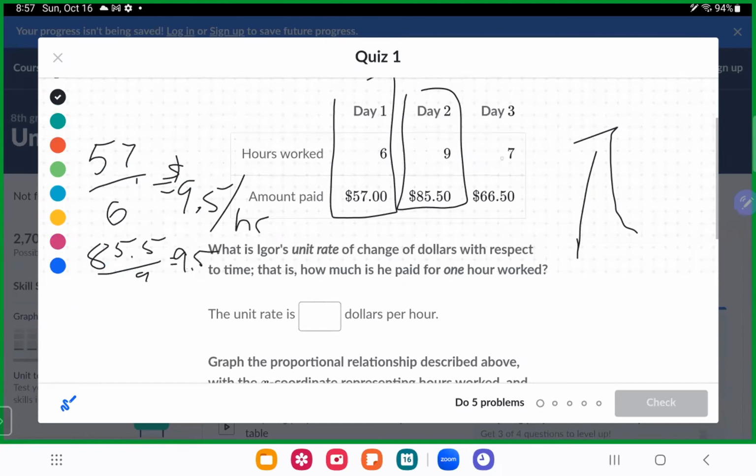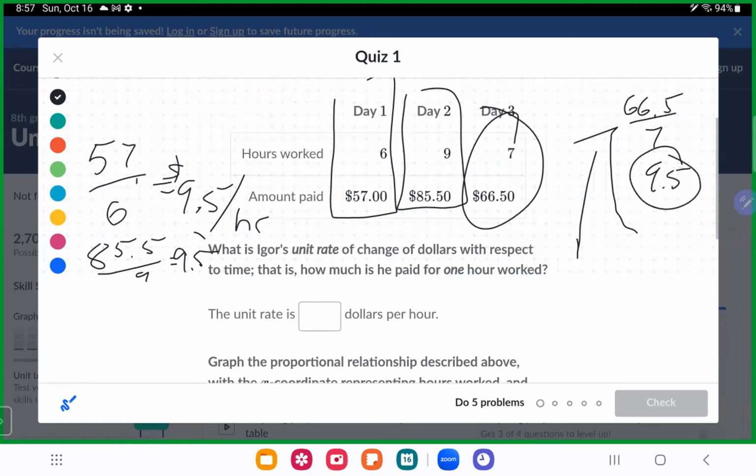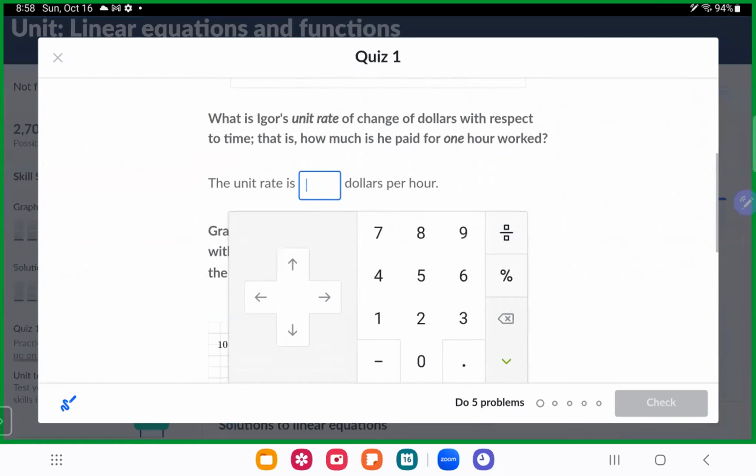And even if we took 66.5 divided by 7, we get 9.5. So if you know you have a unit rate, then you can divide any pair and you'll get it. And in this case, it's 9.5.